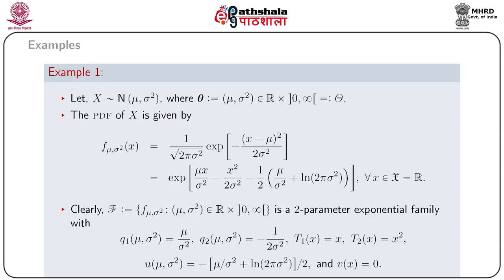Example 1. Let x follow normal distribution with parameters mu and sigma square, where mu and sigma square are unknown.